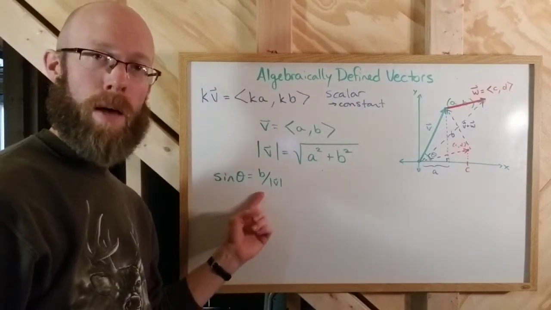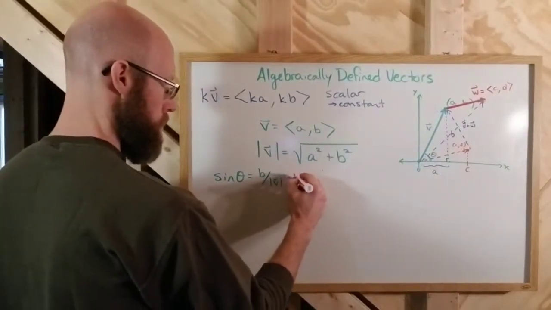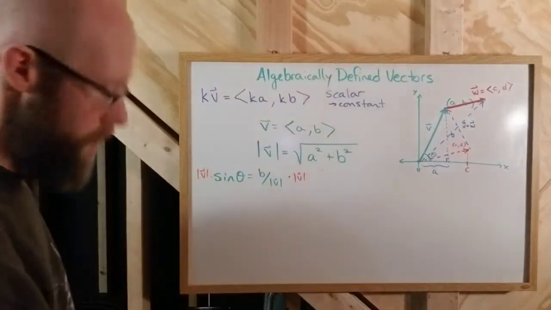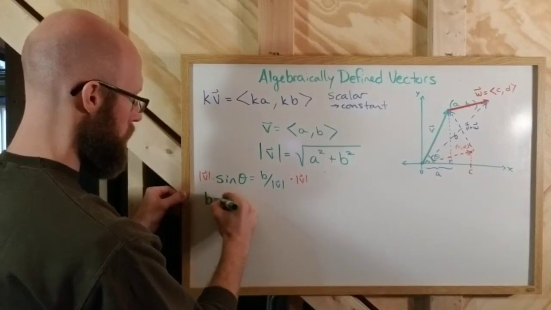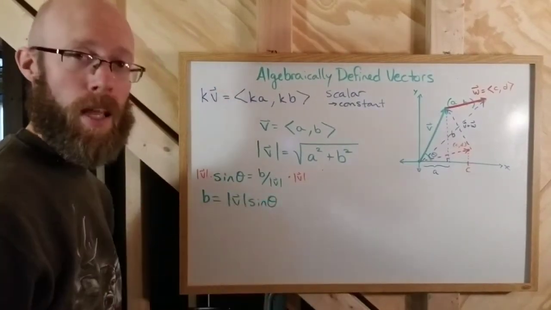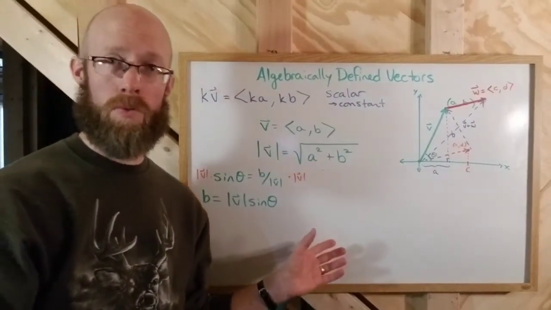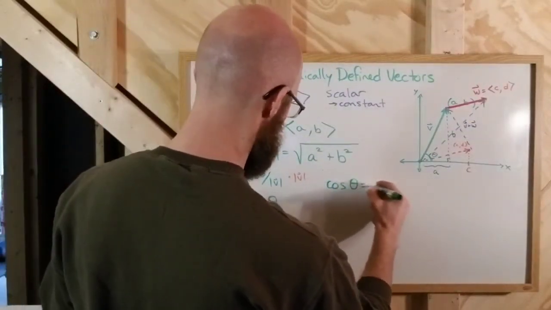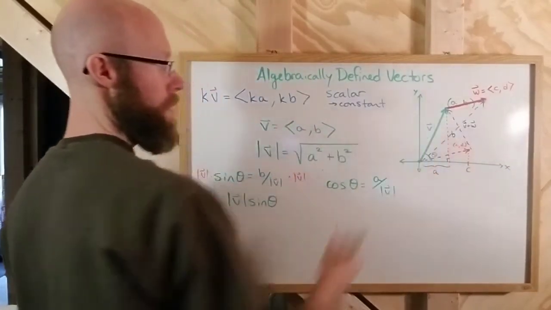And so if I multiply both sides by that denominator, the magnitude of v, then I end up with an expression for the height, b, as the magnitude of v times the sine of theta. I can also do a similar construction with the cosine. We know that the cosine of theta is a over the magnitude of v, that's adjacent over hypotenuse.